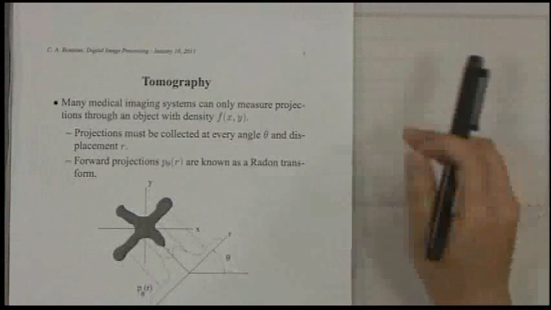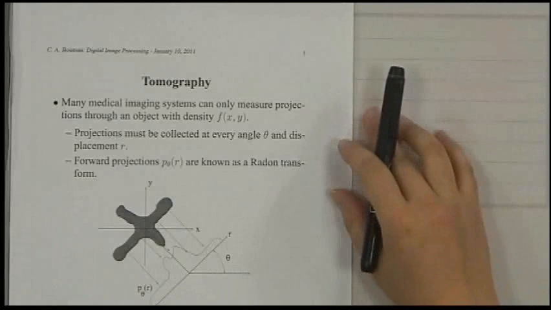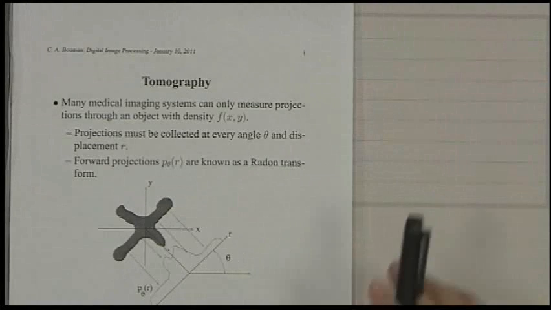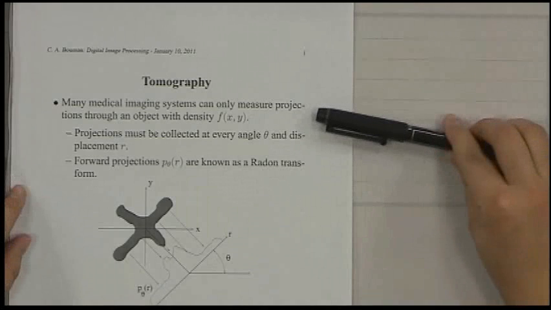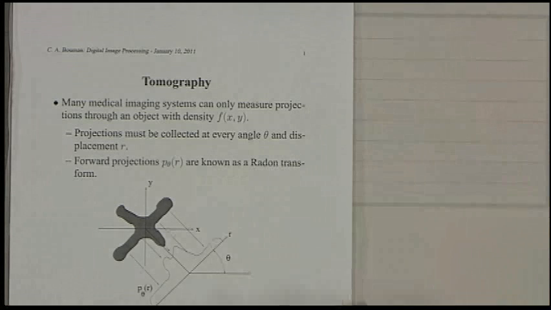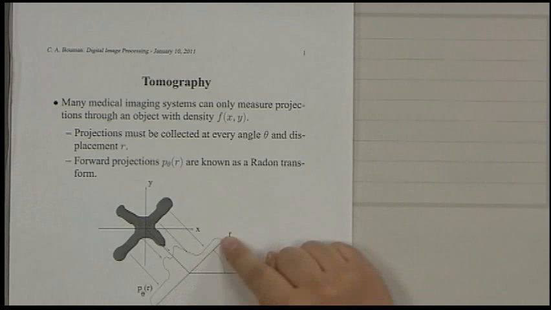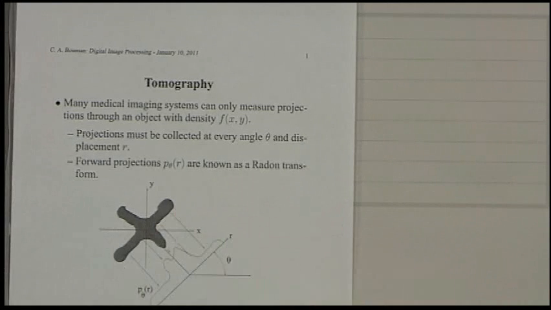Okay, let's refresh the memory about the CT projections. First of all, many medical imaging systems can only measure the projections through an object with density f(x,y). And then we are looking at this line, angle theta, and this is the object.